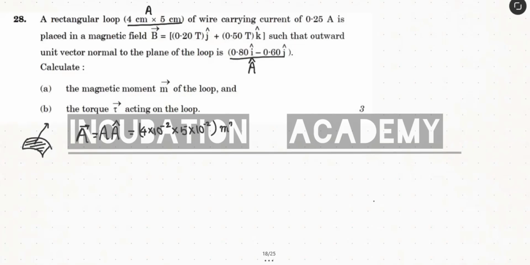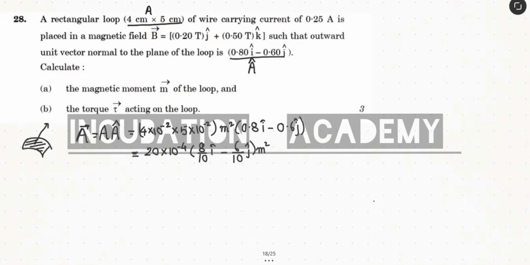And the direction of the area is just copying that, 0.8 i cap minus 0.6 j cap. So 4 into 5 is 20, and 10 to the power minus 2 times 10 to the power minus 2 is 10 to the power minus 4. 0.8 can be written as 8 by 10 i cap, minus 6 by 10 j cap, meter square.